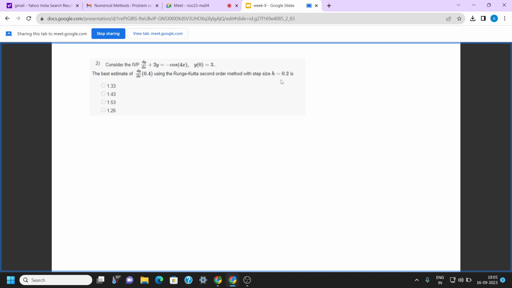Okay, here step size will be 0.2. So find it. What are you getting? Is it 1.33, 1.43, 1.53 or 1.26?